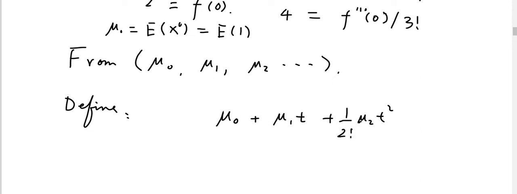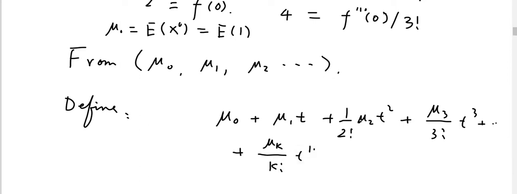And here this is mu3 t cubed divided by 3 factorial, like this. So in general, mu k over k factorial t^k. We denote this function as m, a function of the random variable x and this variable t.